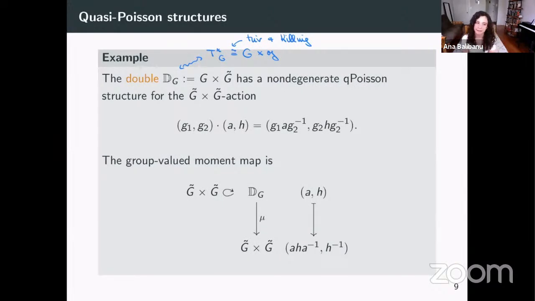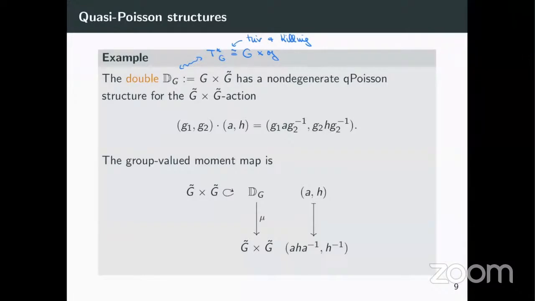So I welcome questions or clarifications. Maybe one naive question. So here, you're saying that the double is a product of G and G tilde, and then just to make sure, A is in G or H is in G? Who is in G? Who is in G tilde?